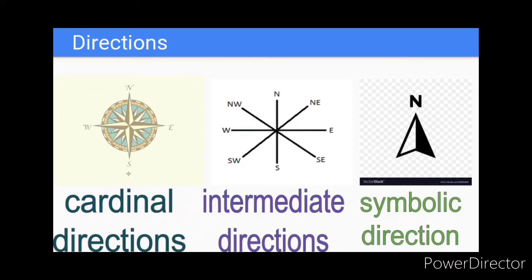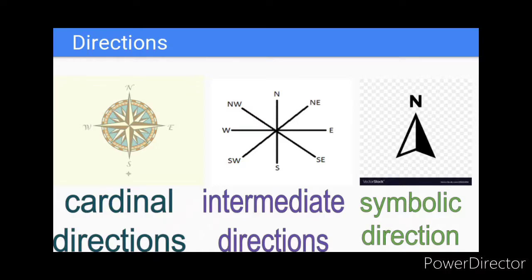Now what are intermediate directions? Intermediate directions are directions between the four cardinal directions. So northeast, northwest, southeast, southwest are intermediate directions. So there are 4 intermediate directions and 4 cardinal directions, correct? And then there are symbolic directions, where you will just find an arrow or something like that which will indicate that this is north.